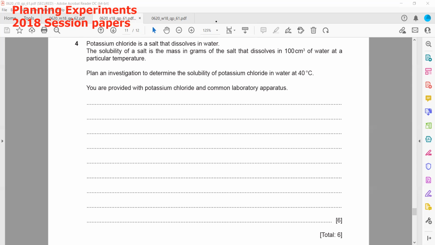Or there's also another way, like initially we measure the mass of the solute and we add and filter the undissolved one, and we take the difference of the two masses to know how much is dissolved. So how we can carry out this experiment, we'll take 100 cm cube or 10 cm cube of water by measuring cylinder.